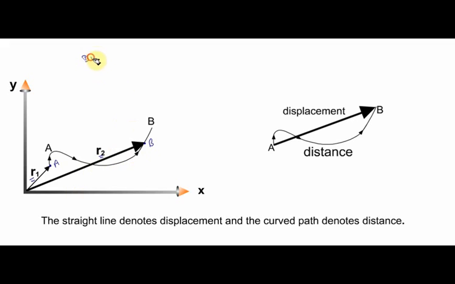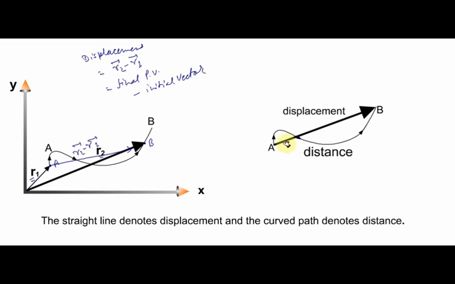So the displacement is defined as vector r2 minus vector r1, or final position vector minus initial position vector. So this is our vector r2 minus r1, and this is the vector which represents the displacement of the particle.